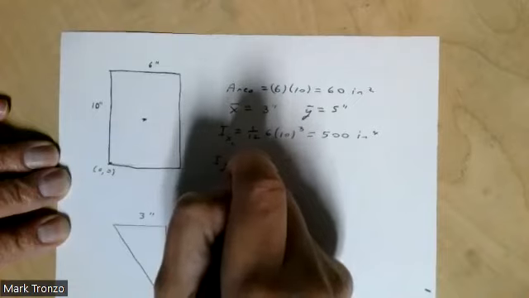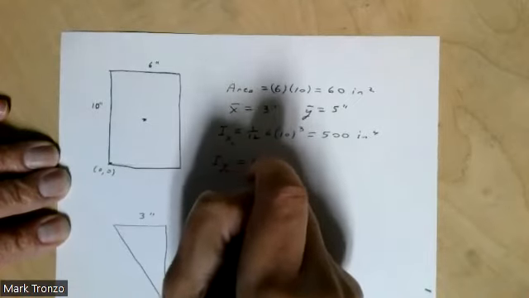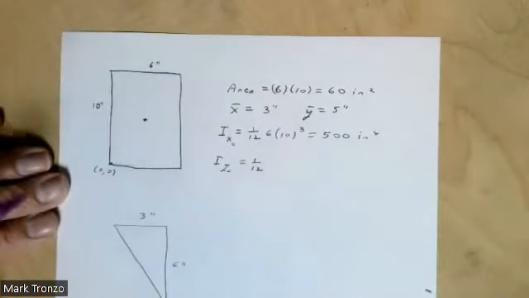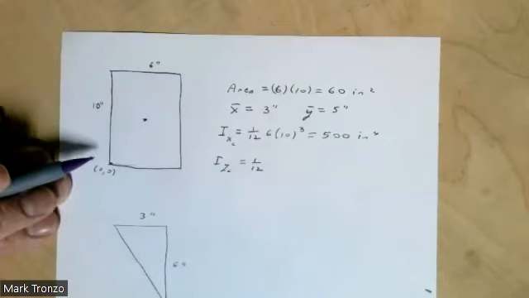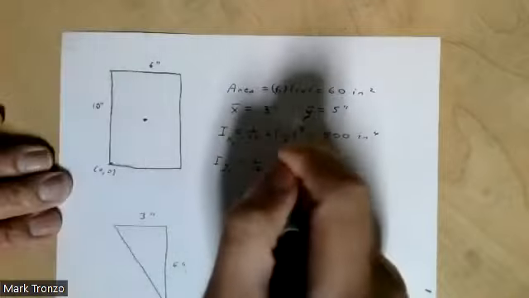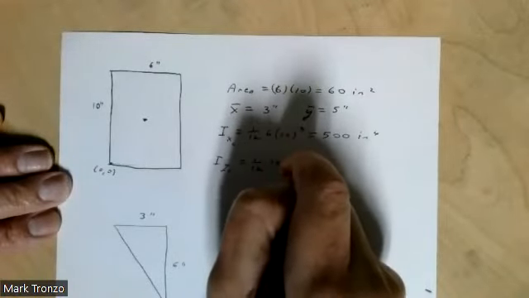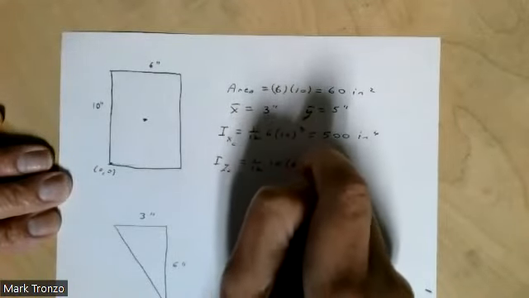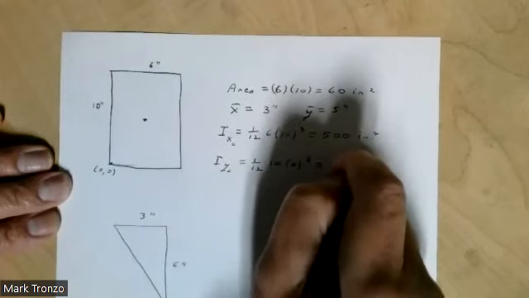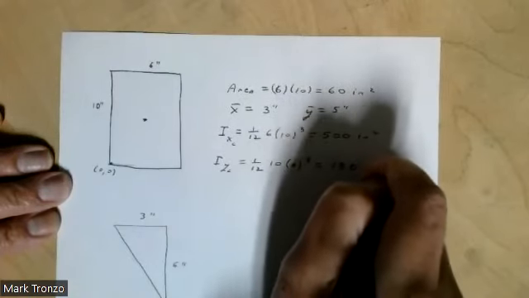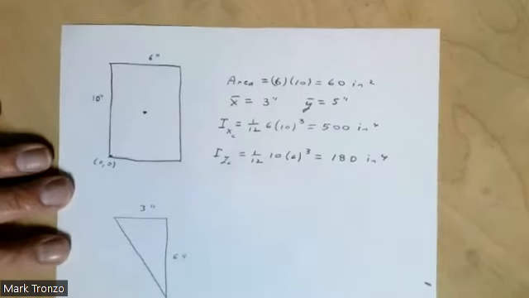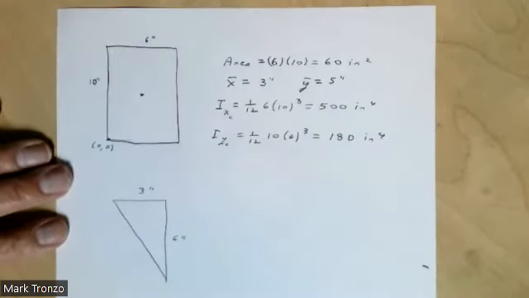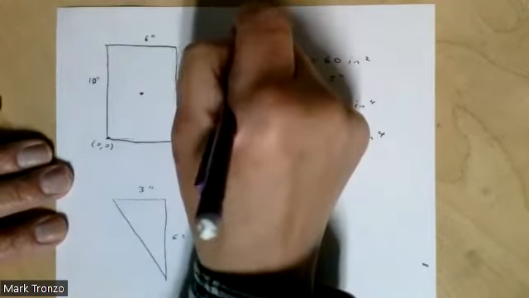And IYC is 1/12. Again, this time it's from this side, so we're going in this direction. So 1/12 the base cubed times the height, and that's 180 inches to the fourth. So that's all the stuff for the rectangle.